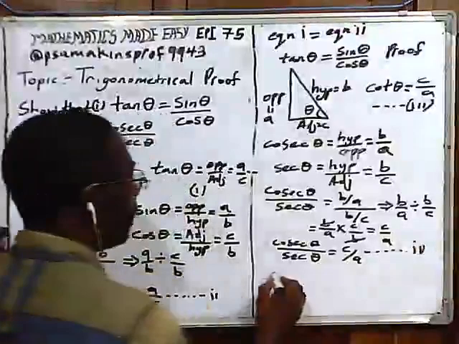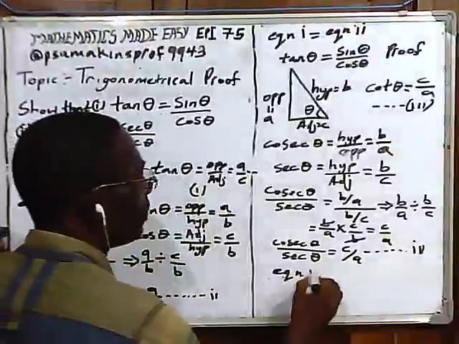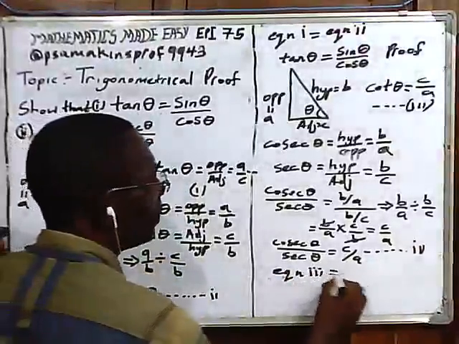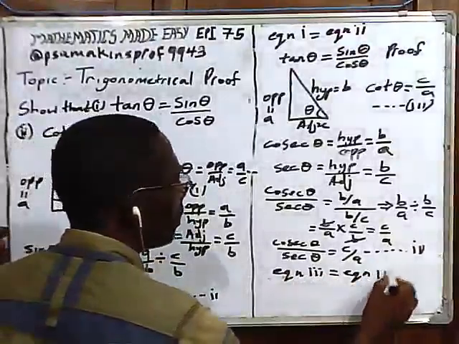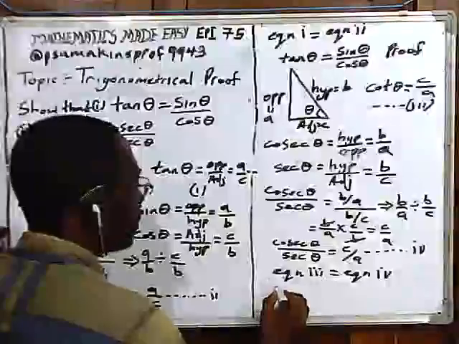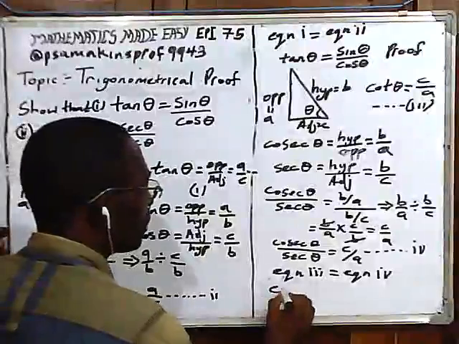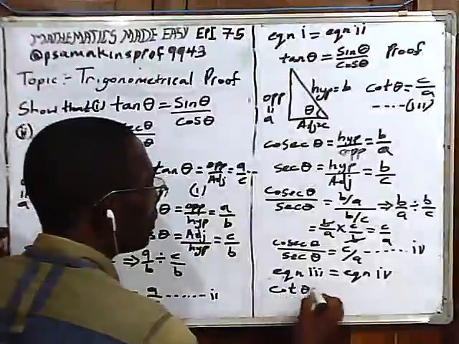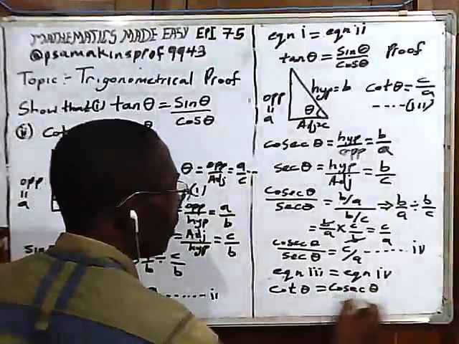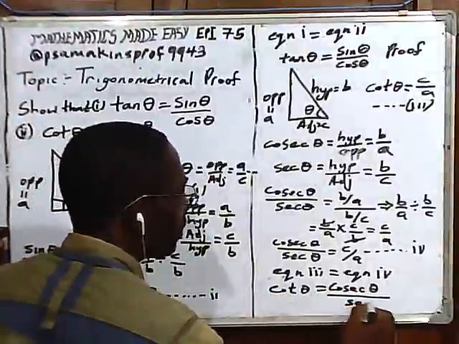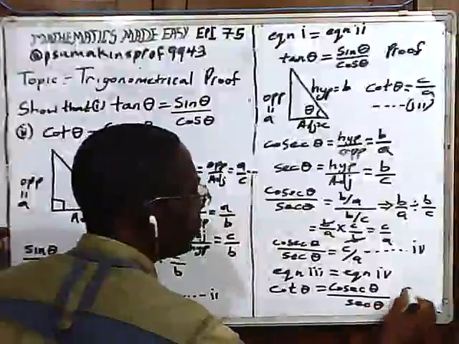So since equation 3 is equivalent to equation 4, therefore we can say that cot theta is equal to cosec theta all over sec theta. Proved.